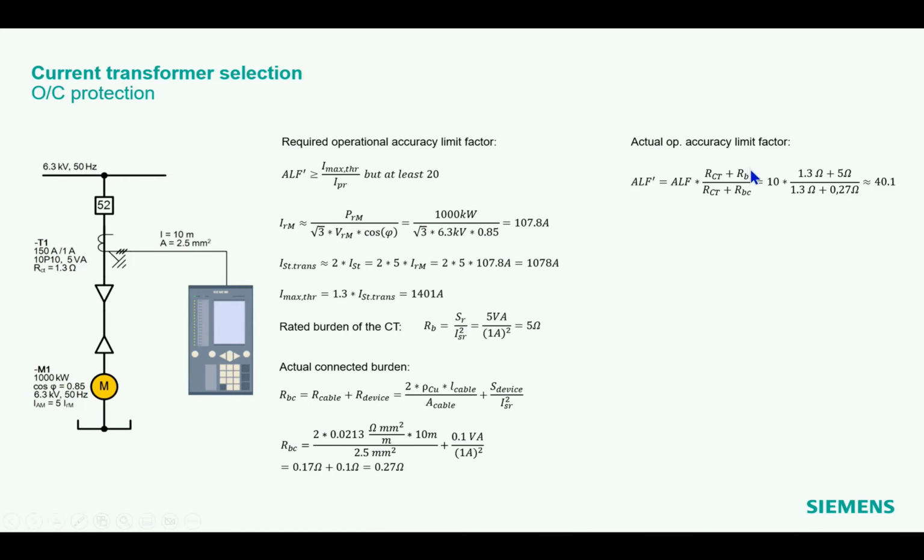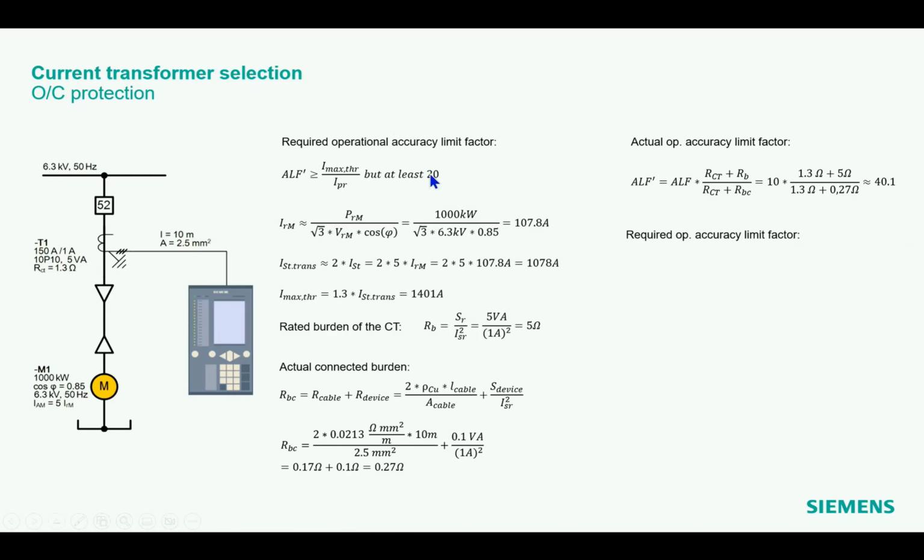And this is what we see here. So the RBC, the connected burden, is in the denominator here. So this quotient here becomes bigger than 1. And this is what we see here. So instead of 10, we get here an ALF dash of 40.1.